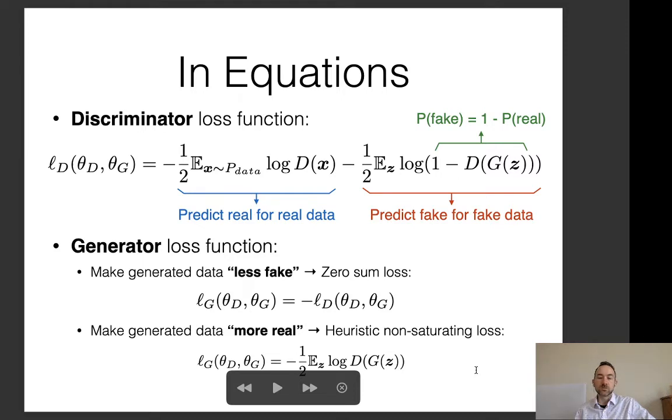The reason why the second loss is maybe preferable is, if we look here at the loss value, if the discriminator is very good, the discriminator loss will be near zero. Let's say right at the very beginning of training, the generator is not very good at all. This loss will be near zero, and the loss will saturate and give very few gradients.